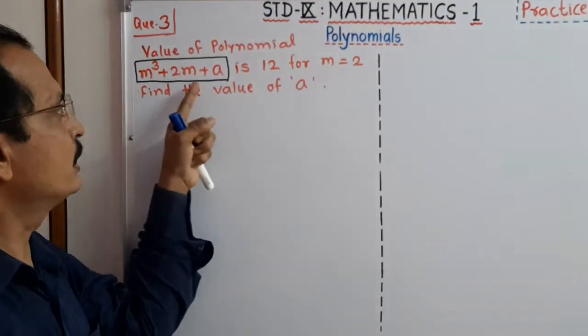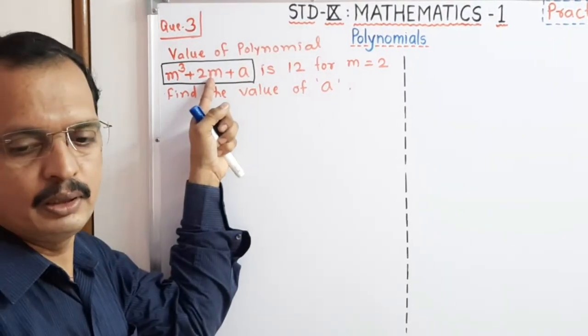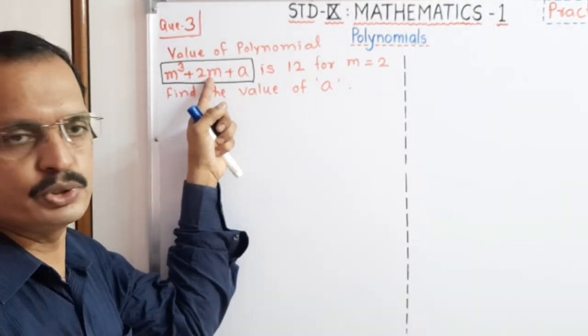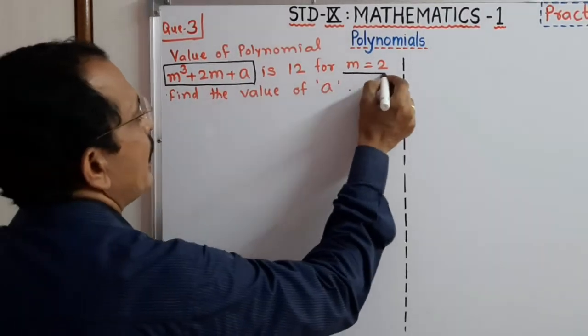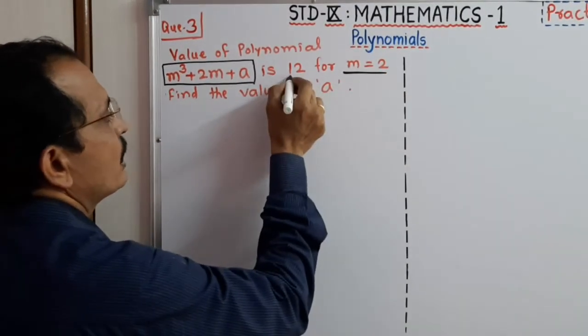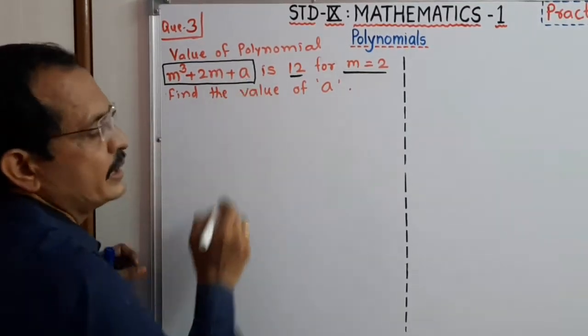This polynomial is in the variable m. That means m variable is used. And the value of this polynomial for m is equal to 2 is 12. It is given. And we have to find out the value of this a.